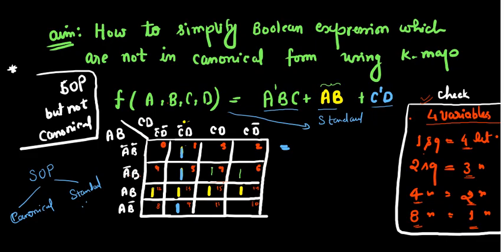It is easily visible to us that we can group these ones like this. First one, and then we can make a grouping of these ones, and then a grouping of these ones.